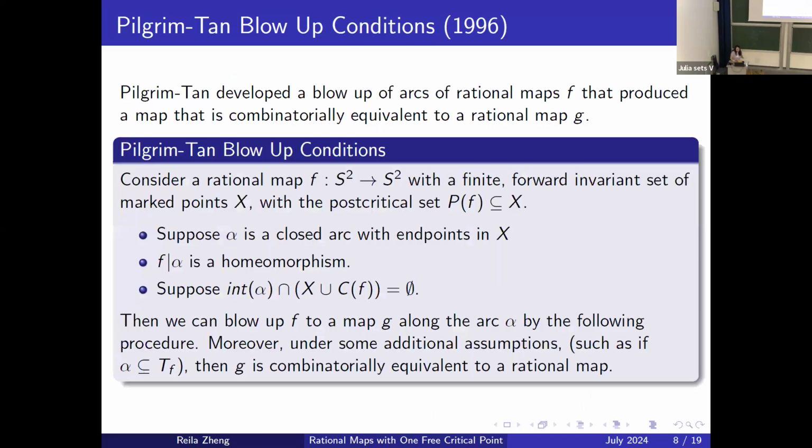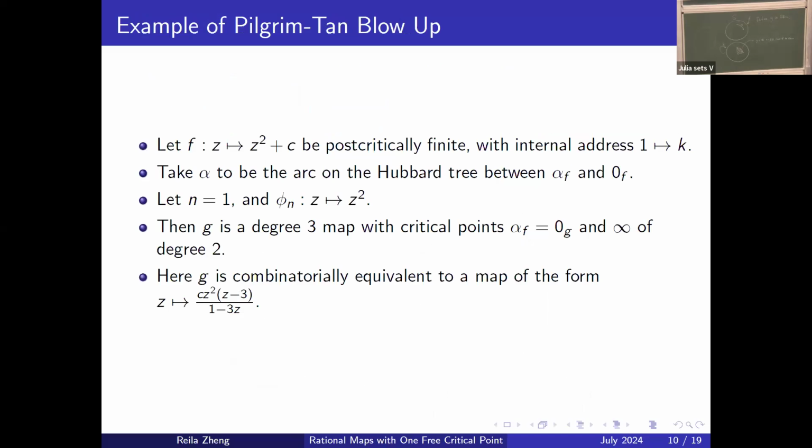So in general, we're going to blow up this arc. To give an example of this kind of blow up, consider a quadratic map that's post-critically finite that is an immediate satellite component of the main cardioid. So for instance, consider the basilica.